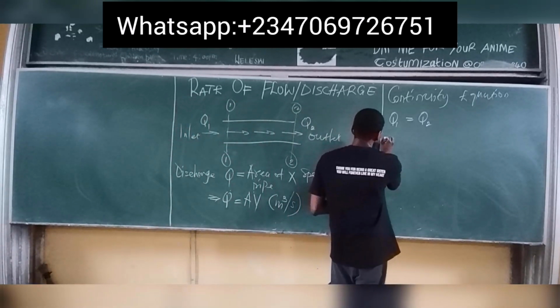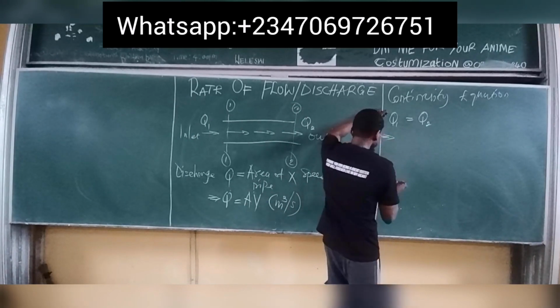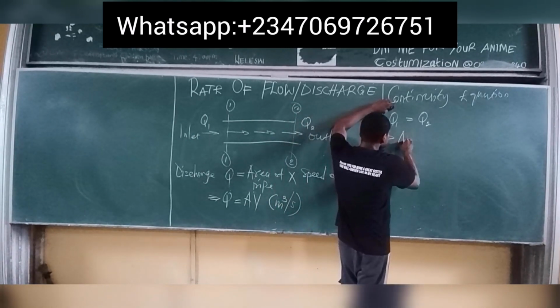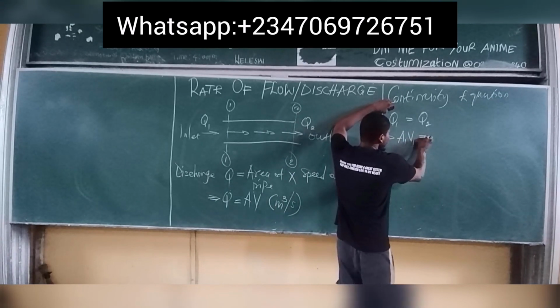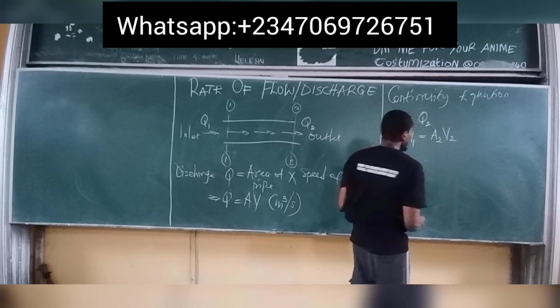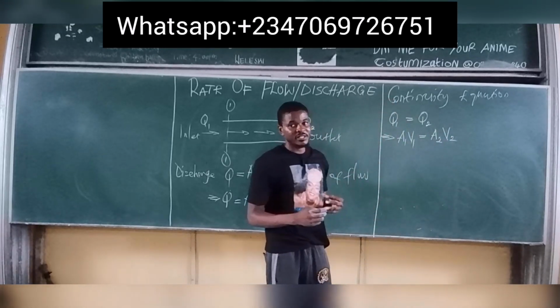So we can rewrite this equation: since discharge is area times velocity, Q1 is area at section 1 multiplied by velocity at section 1, and that is equal to the area at section 2 multiplied by velocity at section 2. So this is what the continuity equation says.